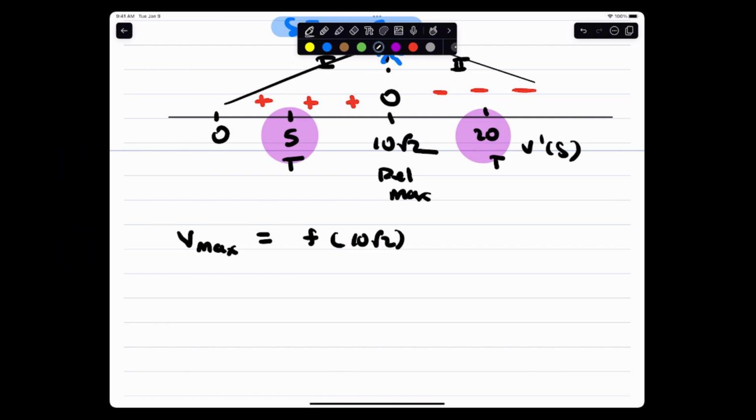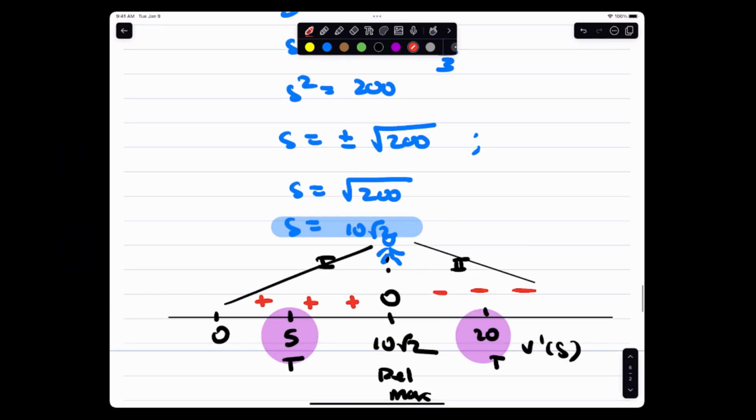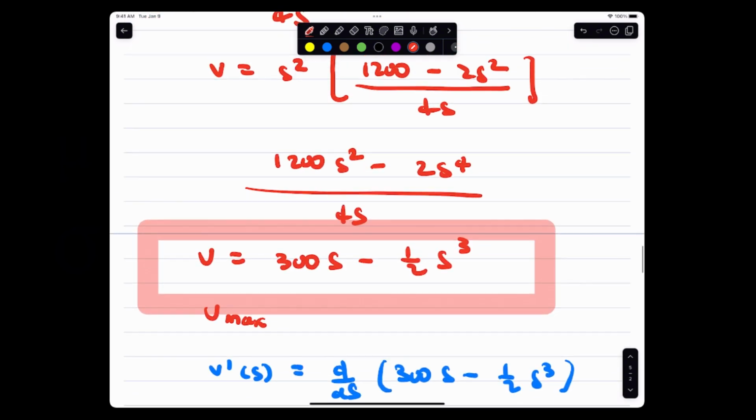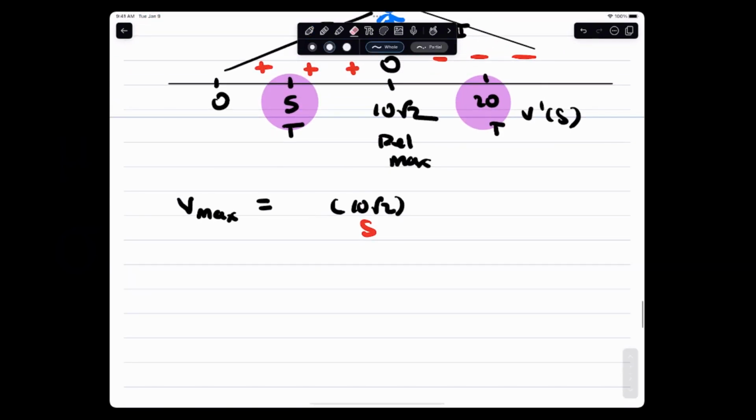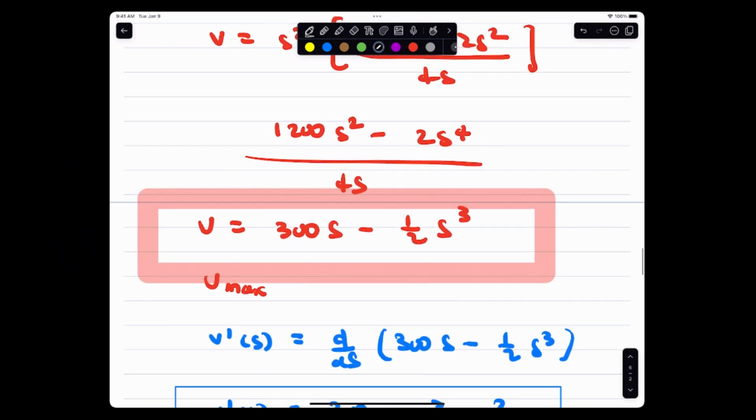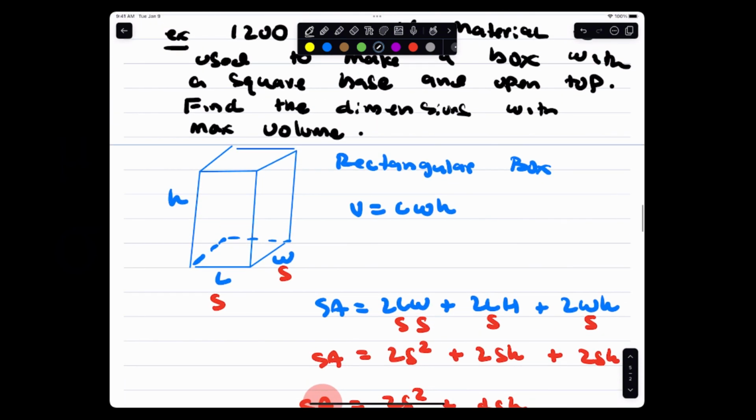That's the side S. V max happens for the original function V. Right? You have a relative max there at 10 square root of 2. So that's the side, and they're going to want that. So this is 10 square root of 2. Here's my point.